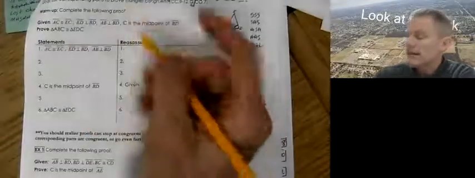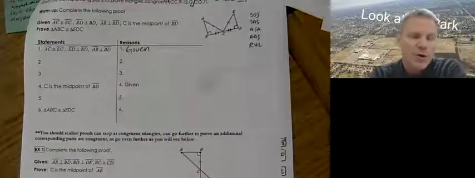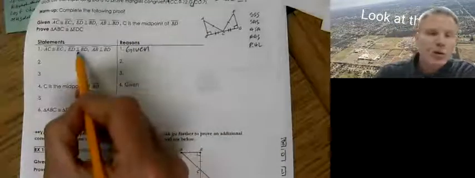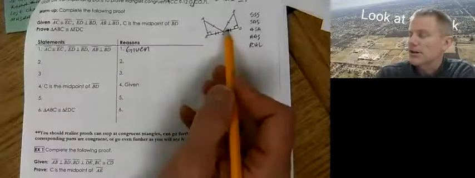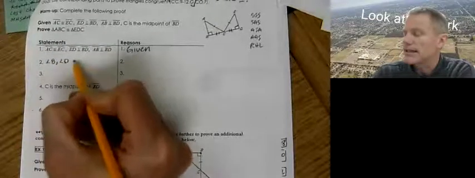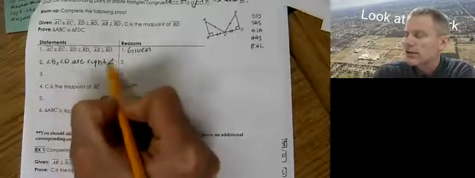So in the very beginning, we're told that we have given information. We've already labeled that on our picture. This perpendicular was the box that we put in the figure. So the box was angle B, angle D are right angles.